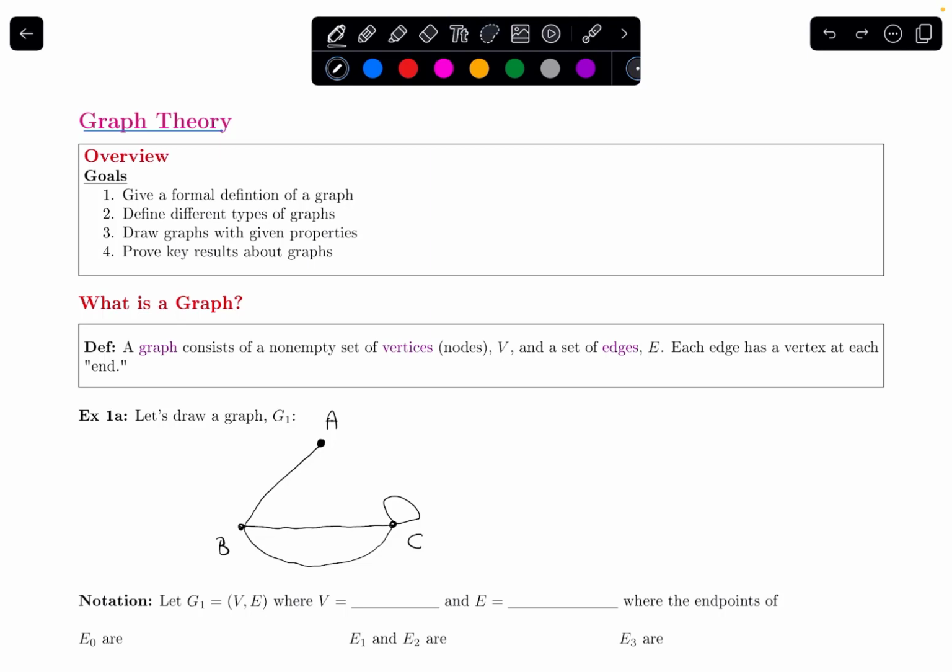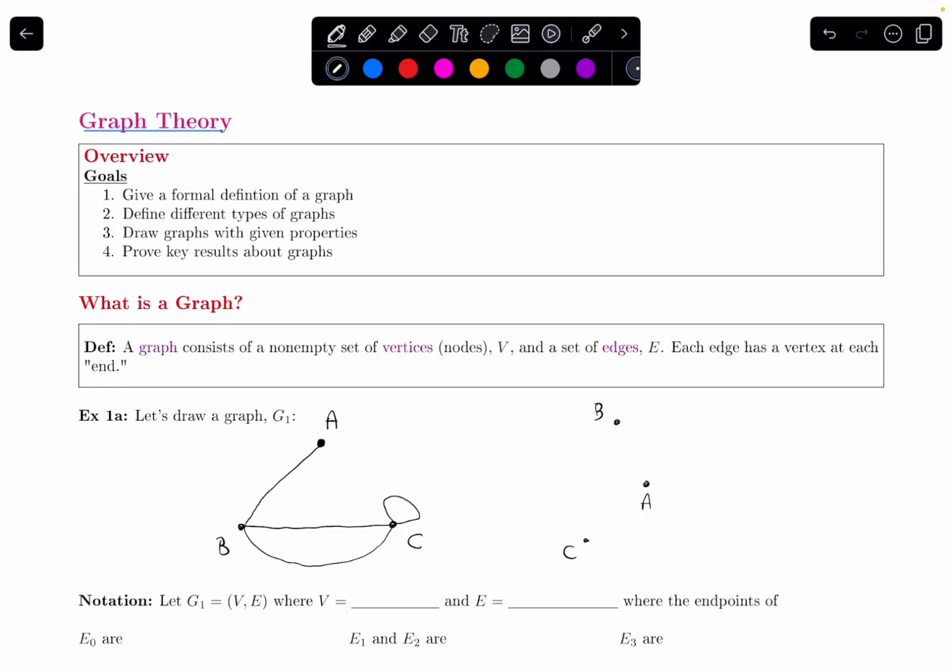And it doesn't matter where or how I move these vertices around or how I bend the edges around. So even if I were to draw A over here, and maybe I put B up here, and maybe I put C down here, as long as it's the same number of vertices with the exact same edges, it's the same graph.